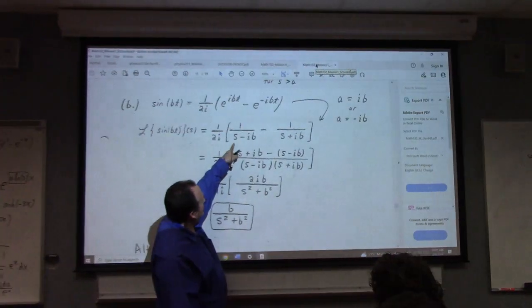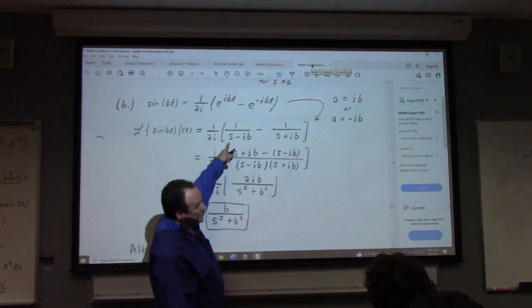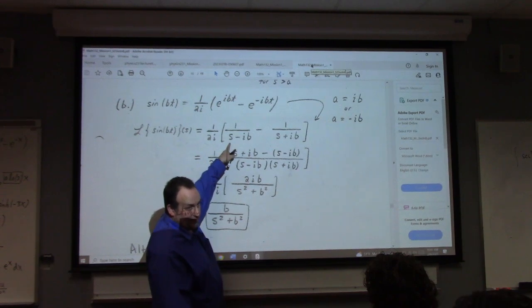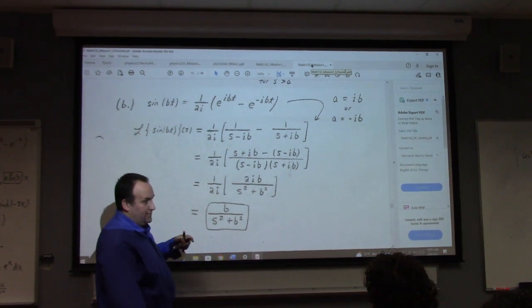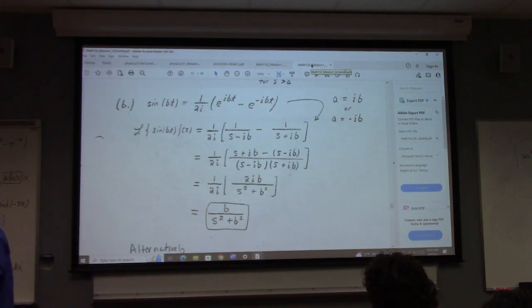But we already proved that the Laplace transform of an exponential is 1 over s minus a. So I just do that, but a equals ib. And when you sort through the algebra, you get the right answer. That's because, by and large, complex calculations work just like real calculations. You just have to have the courage to sort through the i. That's all.